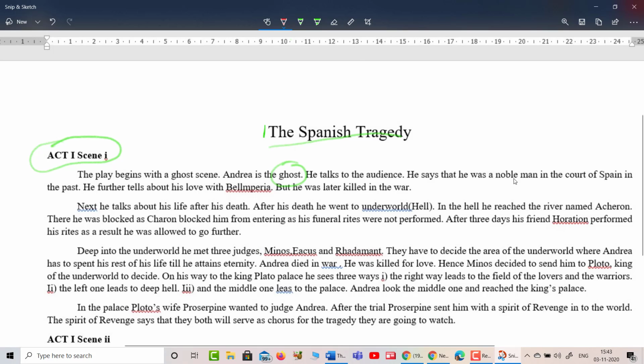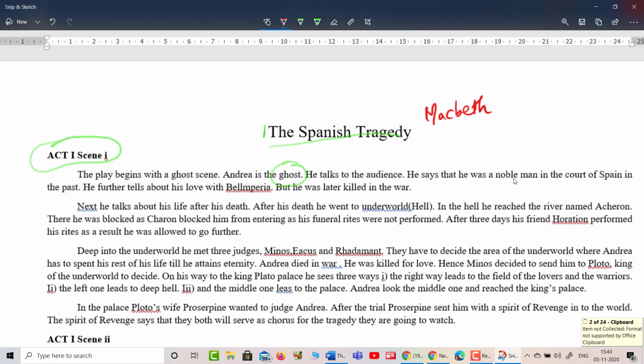You can see even in Shakespeare's Macbeth, Macbeth has 3 witches when the play opens, and we have a ghost scene in Hamlet. And there are other plays where we see ghosts, Julius Caesar, and all the writers of the Elizabethan age used this ghost scene to satisfy the Elizabethan people.